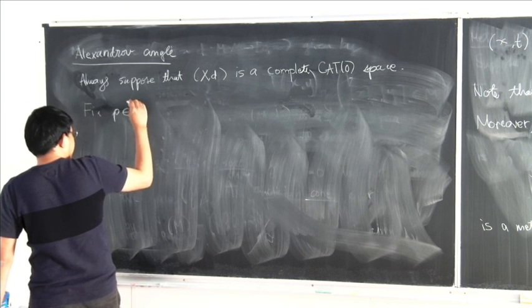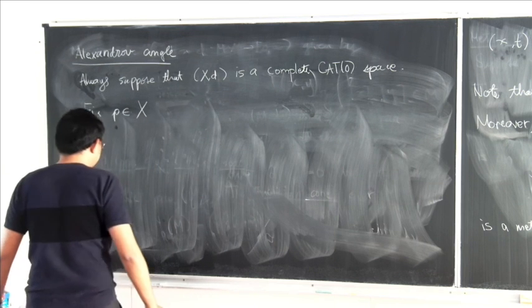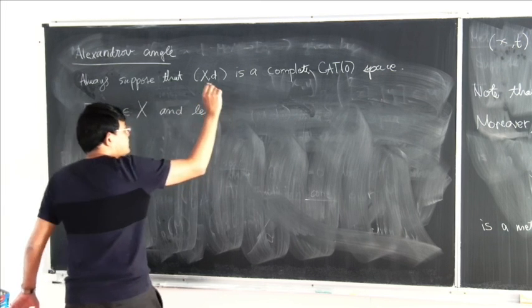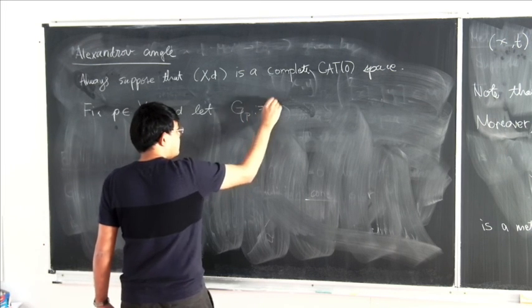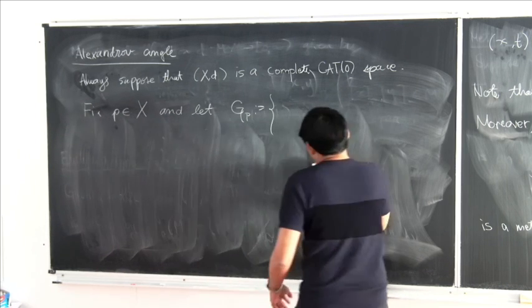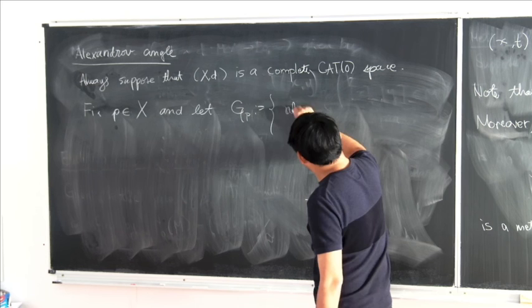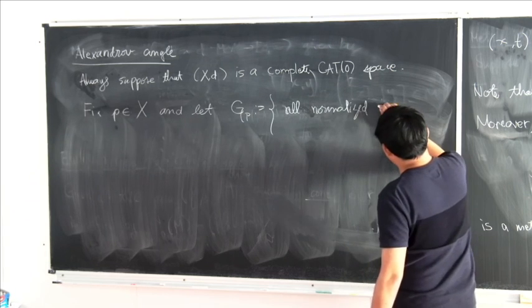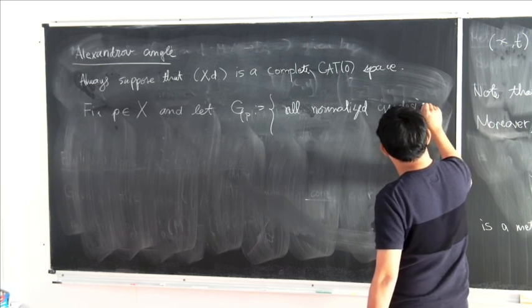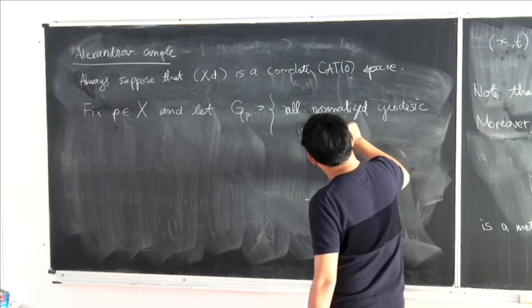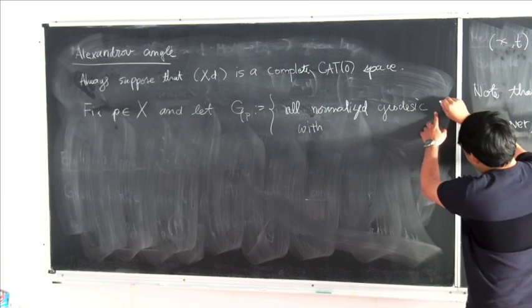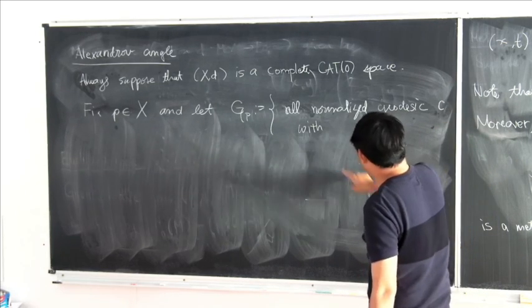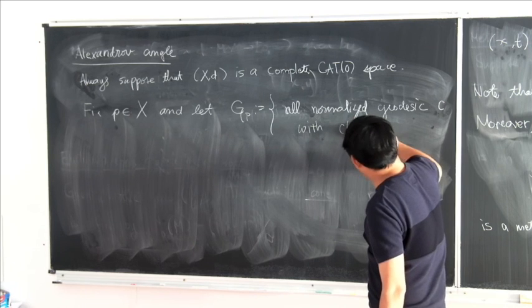We fix a point P inside the space, and let G_P be the set containing all normalized geodesics, let me call it c, normalized geodesic c with c(0) equals P.